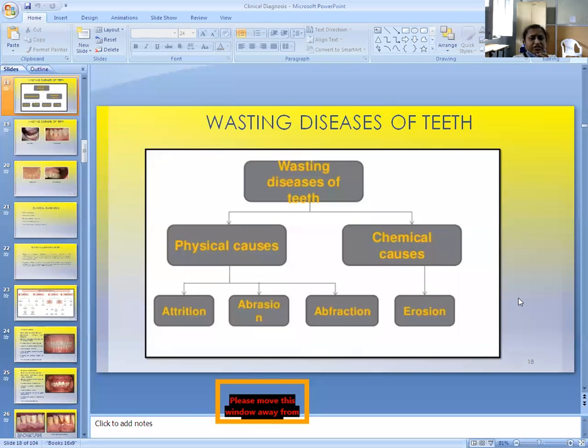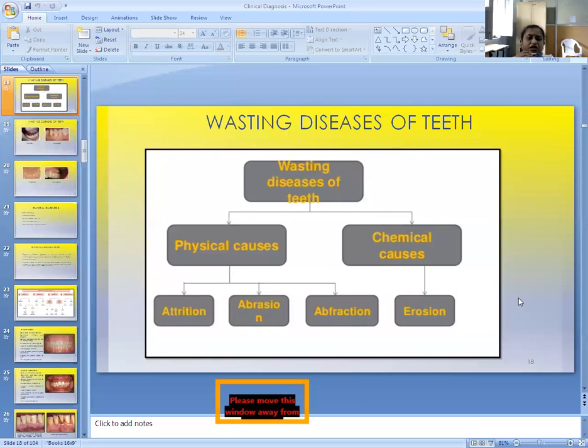Then number of teeth present, impacted teeth or extracted teeth, history of extraction, cause of that extraction. Then wasting diseases of teeth. In that, mainly there are four types of diseases: based on physical causes, there are three types: attrition, abrasion, abfraction, and the chemical cause is erosion. Among physical causes, there are various causes like faulty brushing technique.